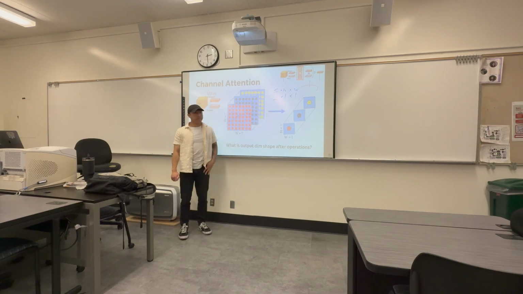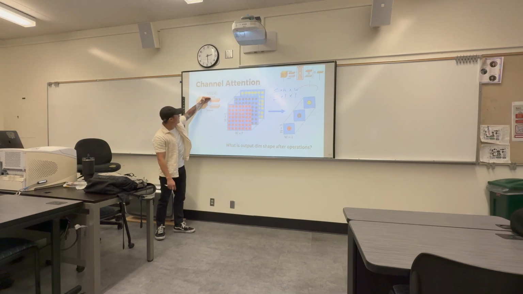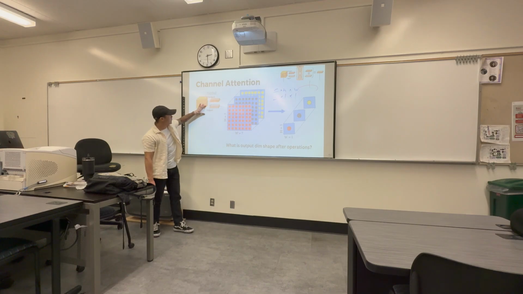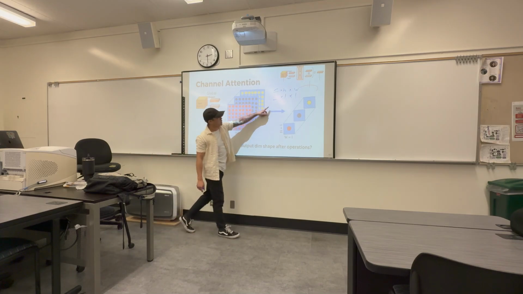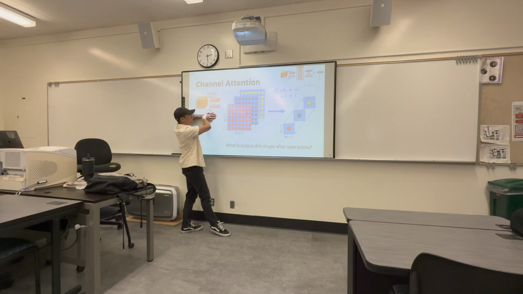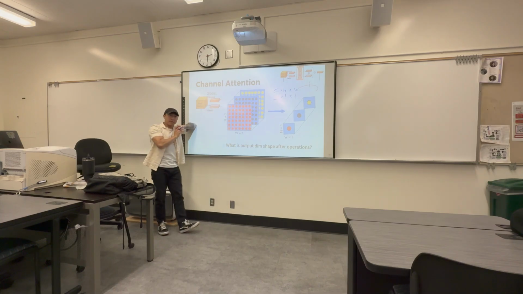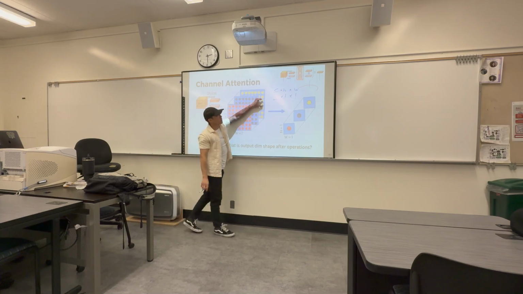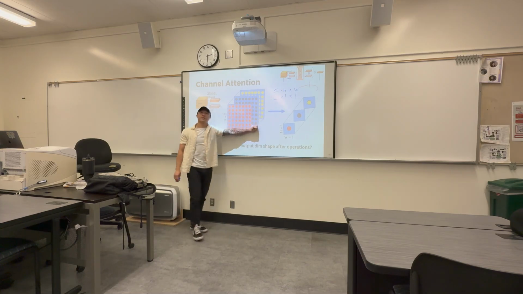In this picture, is it 6? We're taking the global max and the global average pool. You have this correct, it's a 1 by 1 after a max pool. And then you want to do a global average pool, right? What would this shape be? It's not 6 or 3.